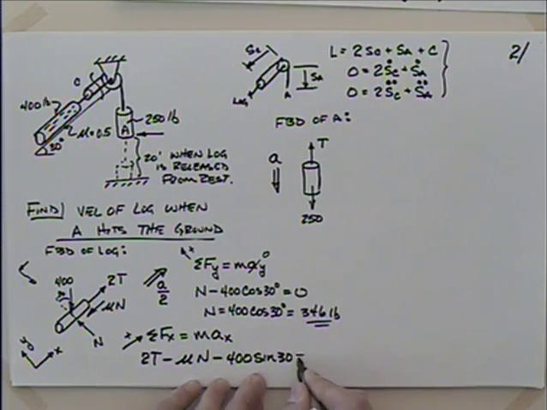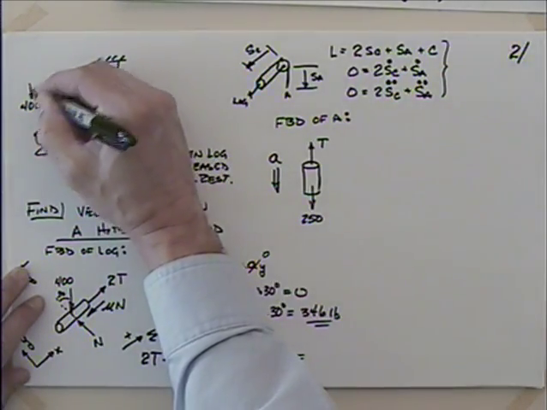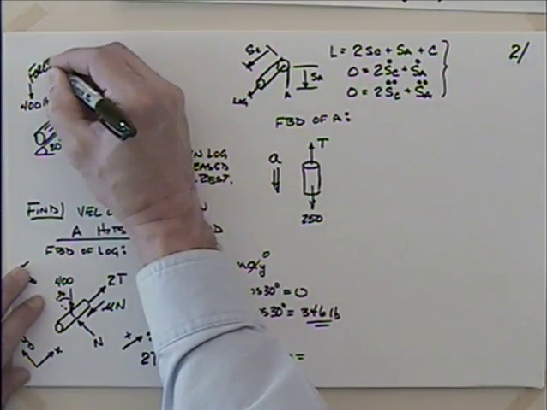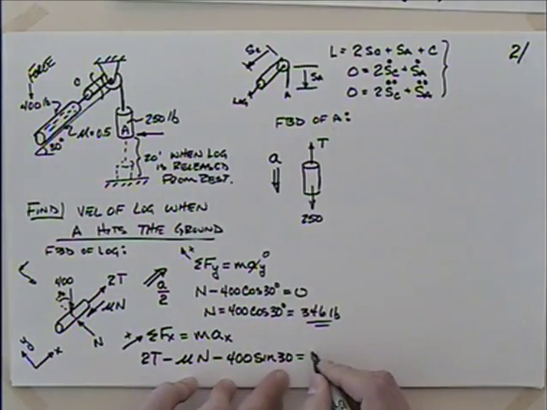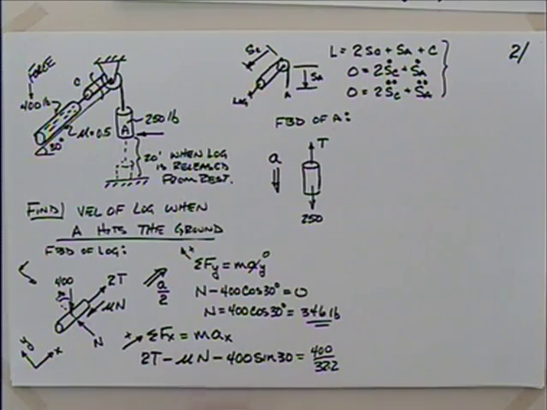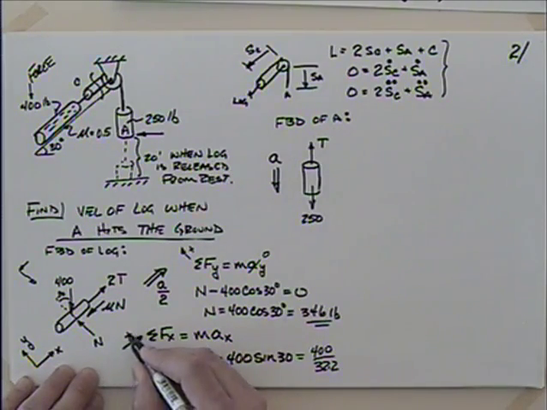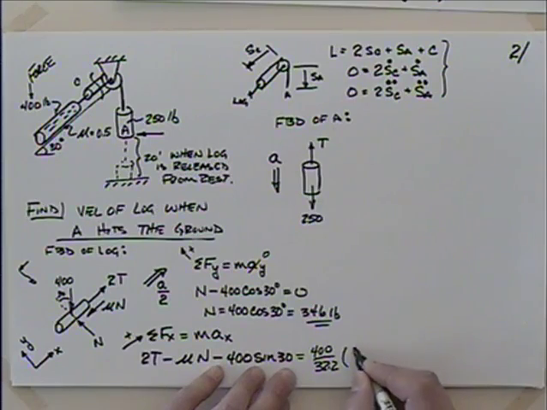And this is then equal to the mass. What's the mass of that log? This is where you have to be real careful. This is a force, isn't it? So the mass of that is going to be 400 divided by 32.2. That turns that into a slug. That turns it into a mass term. And its acceleration is, according to this, if I take positive up the ramp, the acceleration is A divided by 2, isn't it?